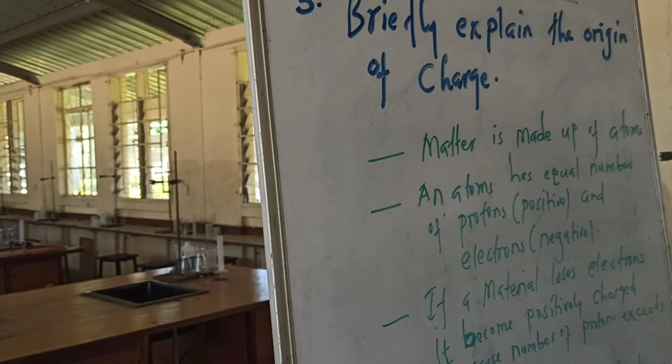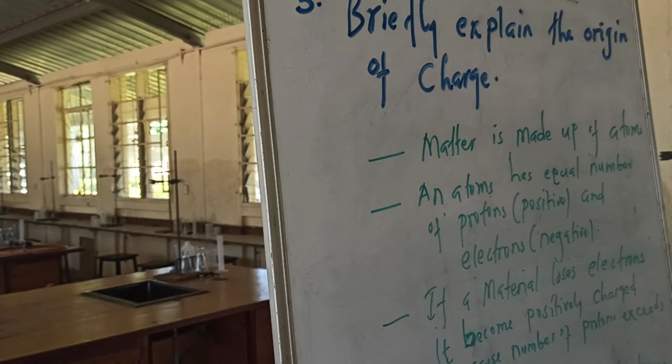Protons are positively charged and electrons are negatively charged. So point number 2 should read, an atom has an equal number of protons and electrons.